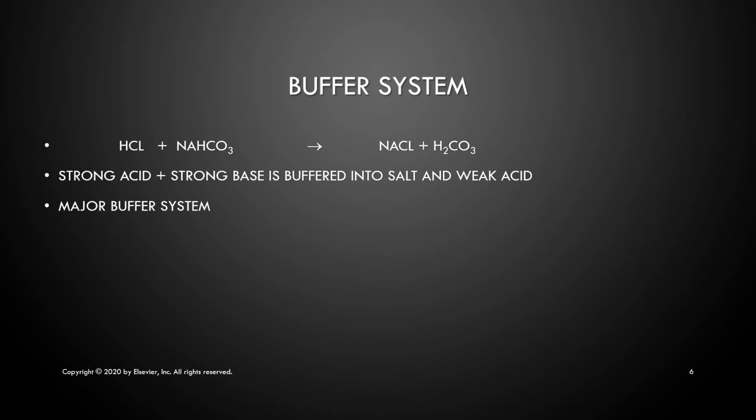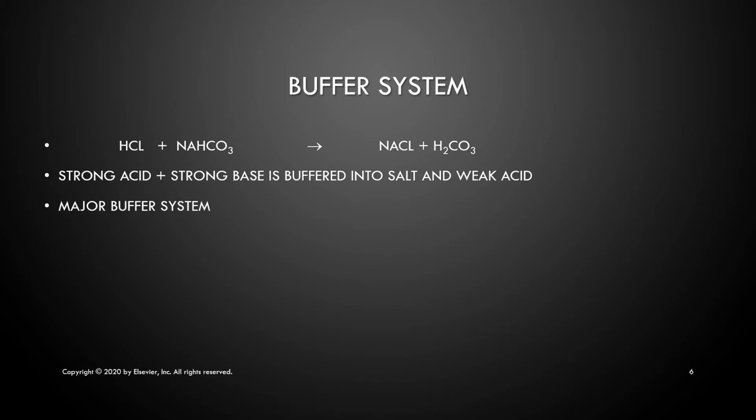So let's take a look at how I have it written out here. It's a formula. One way that it's going to work is it's going to exchange that hydrogen. If you look at the first part of this formula, we have hydrochloric acid, that's HCl. What it's going to do is exchange that hydrogen and attach it to this sodium bicarbonate.